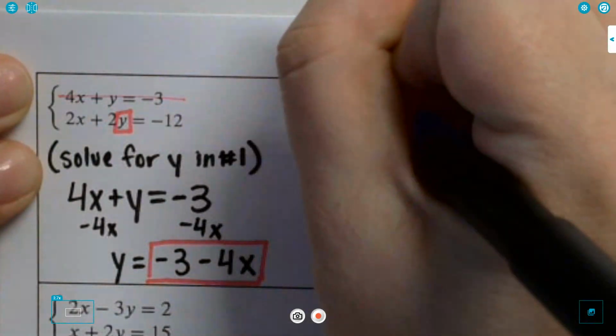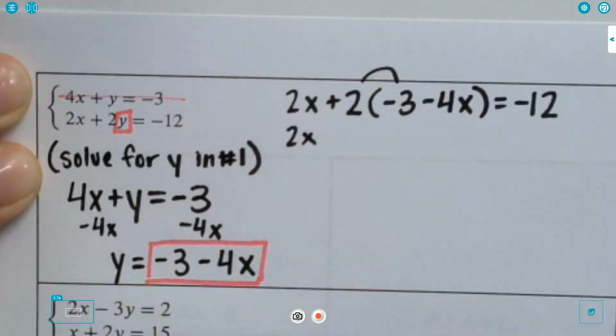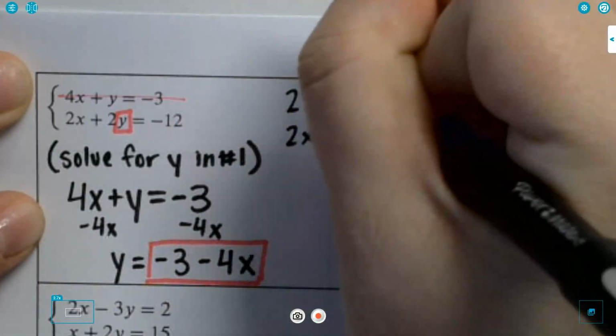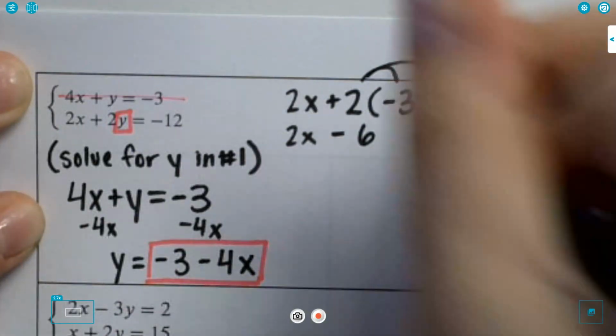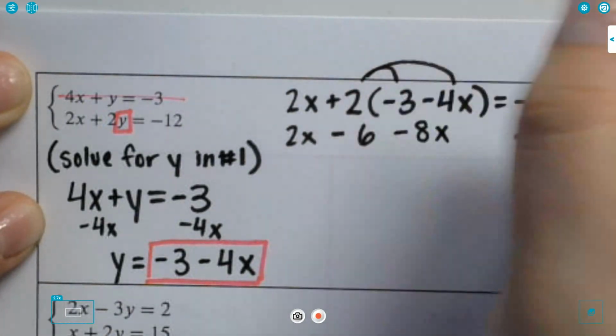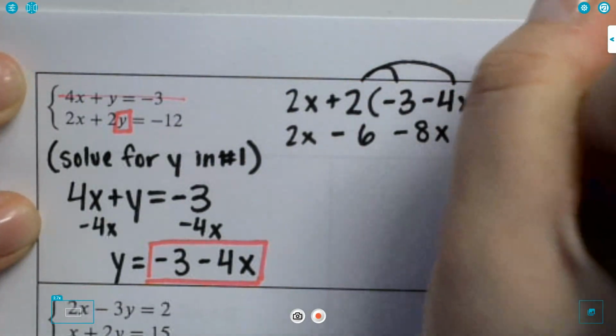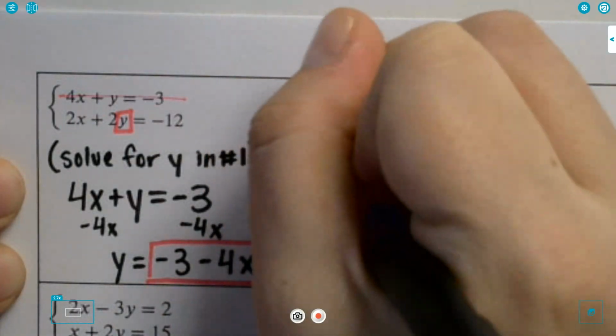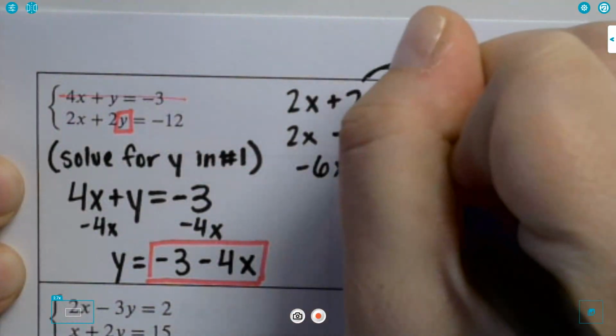So distribute 2 to negative 3. I can rewrite my 2x. 2 times negative 3 is negative 6. 2 times negative 4x is negative 8x equals negative 12. Then we can combine like terms. 2x minus 8x is negative 6x. Minus 6 equals negative 12.